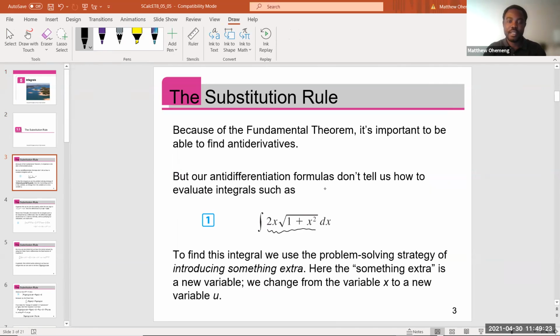And this is connected to the chain rule. For example, suppose you're asked to evaluate the indefinite integral of 2x times the square root of 1 plus x squared dx. How do you do this? You introduce something extra, and that extra thing is something you're going to see on Monday.